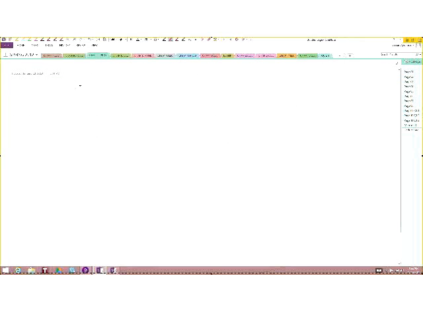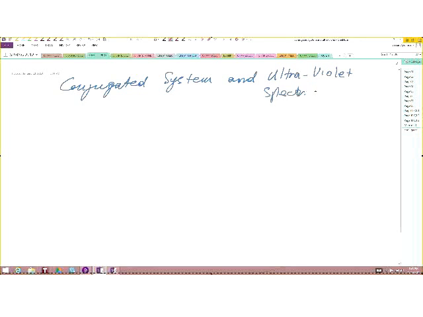So I'll call this conjugated system and ultraviolet spectroscopy.